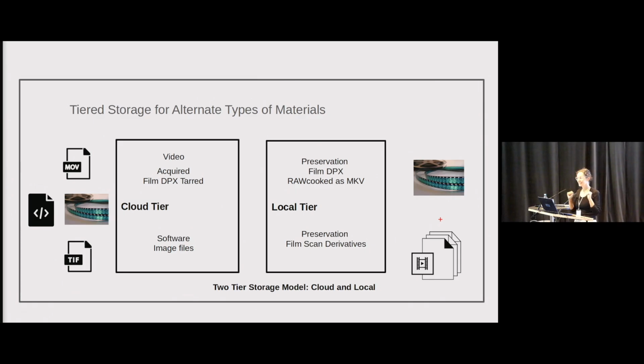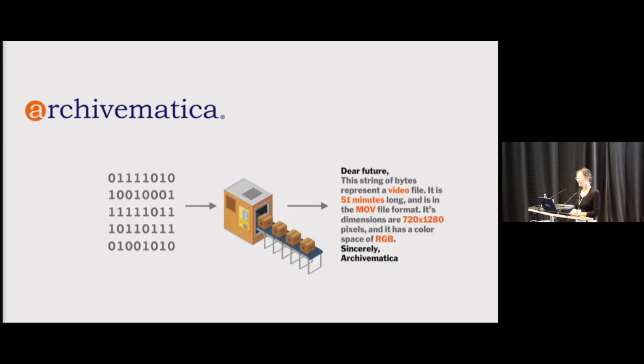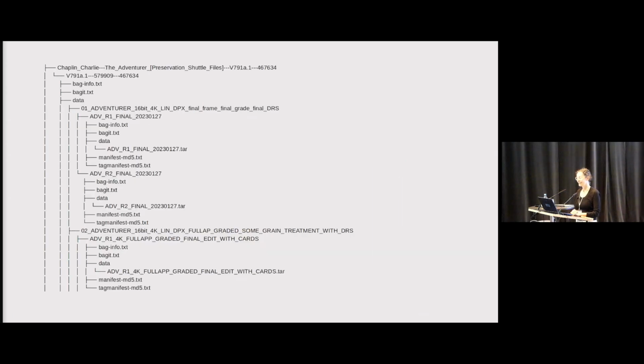Everything's following LOCKSS. We're good. It's not a problem. But we still have to, in order to get things into Archivematica and to package them properly and get all that robust metadata, individually bag elements, and that can take a lot of time, even with batch bagging scripts.